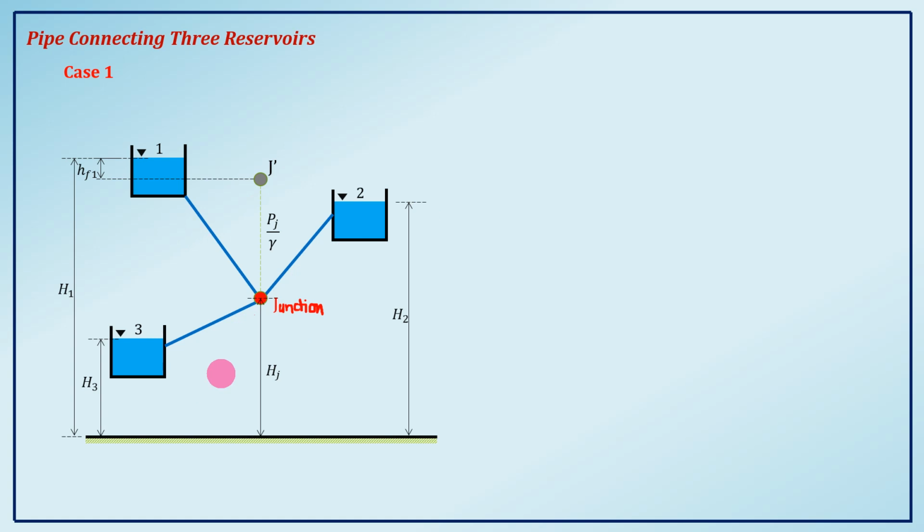Ayan. Then, pwede mo din i-calculate yung head loss at point 2. So, that is measured na from J prime to the liquid surface here. So, we have HF2. And then also, ayun, pwede mo rin makuha yung head loss natin at the third reservoir. So, measured again from J prime up to the liquid surface natin at the third reservoir.